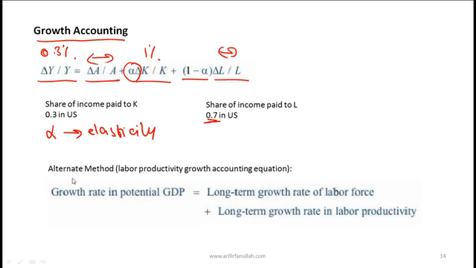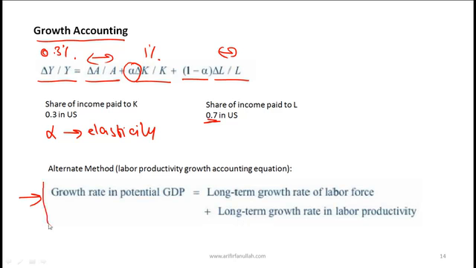An alternate method for measuring potential GDP is the labor productivity growth accounting equation, which is given right here. What this equation says is as follows: the growth rate in potential GDP is equal to the long-term growth rate of the labor force plus the long-term growth rate in labor productivity.